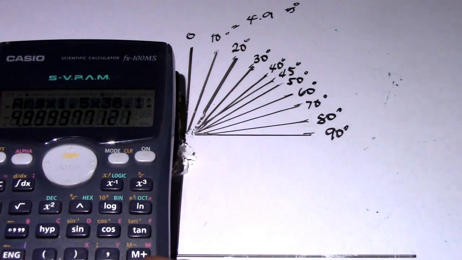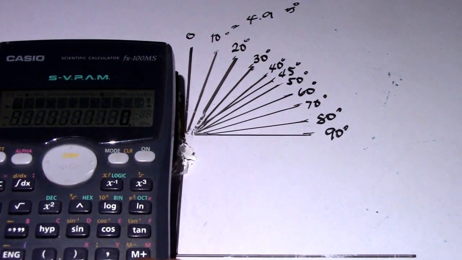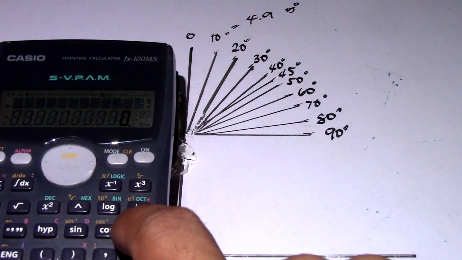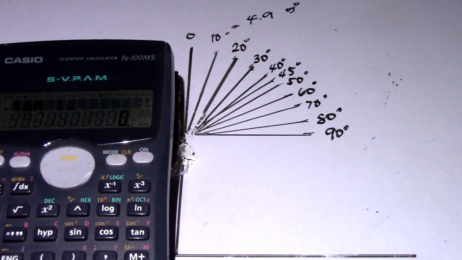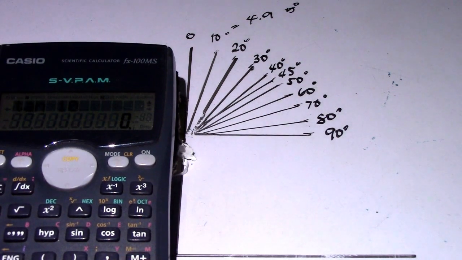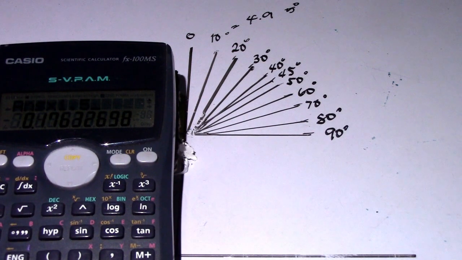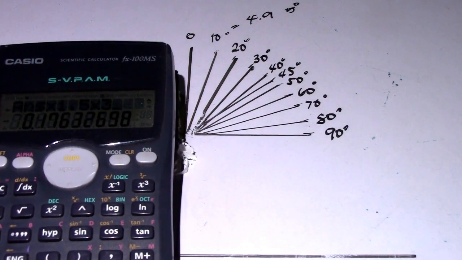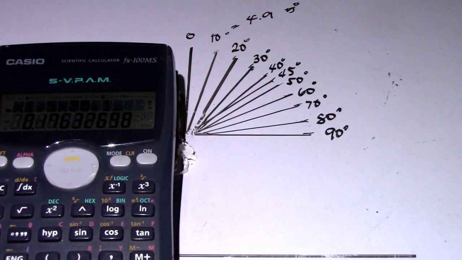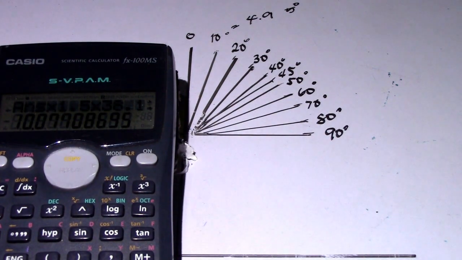Let's try again with 20 degrees. Half of 20 degrees is 10. So tangent of 10, multiply by 1.5, multiply by 38.1. So our answer is 10.